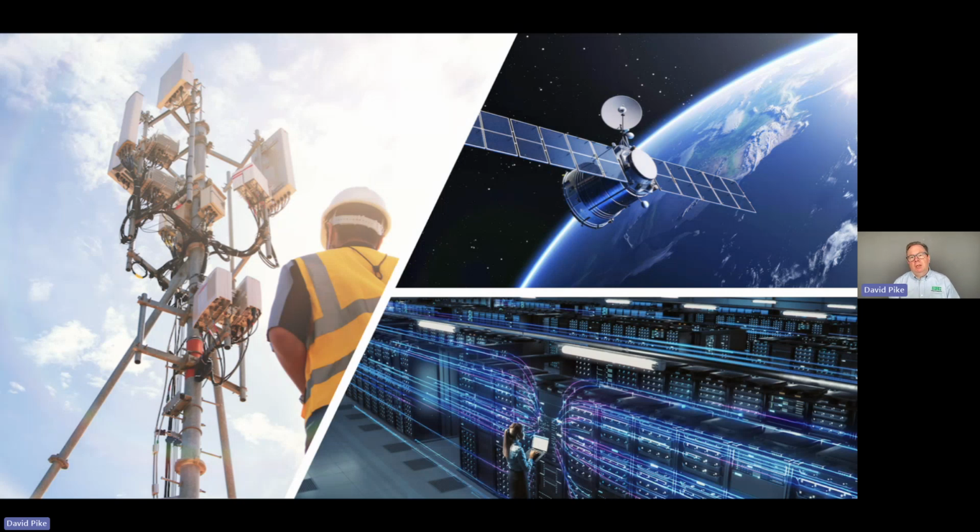data. If we look the other way and look up into space, low Earth orbit satellites are now providing a lot of communication technology. Low Earth orbit is far closer to Earth than the standard communication satellites that we've seen over the years.